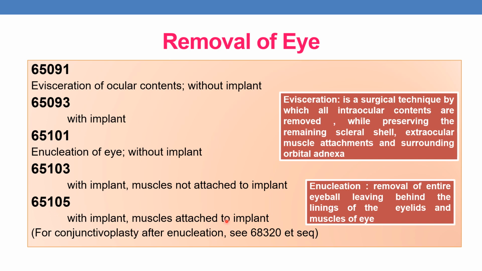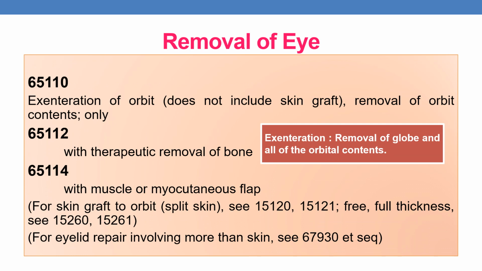If the muscles are attached to the implant, it is given by the CPT 65105. And for conjunctivoplasty after enucleation, you need to see 68320 sequence.